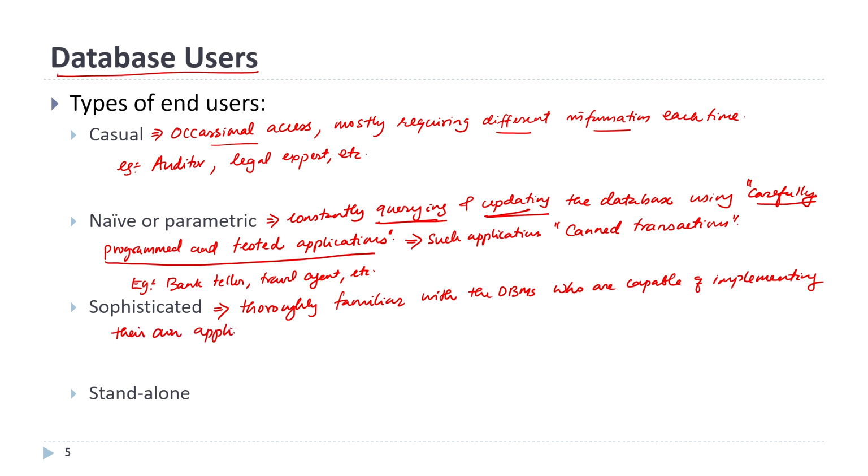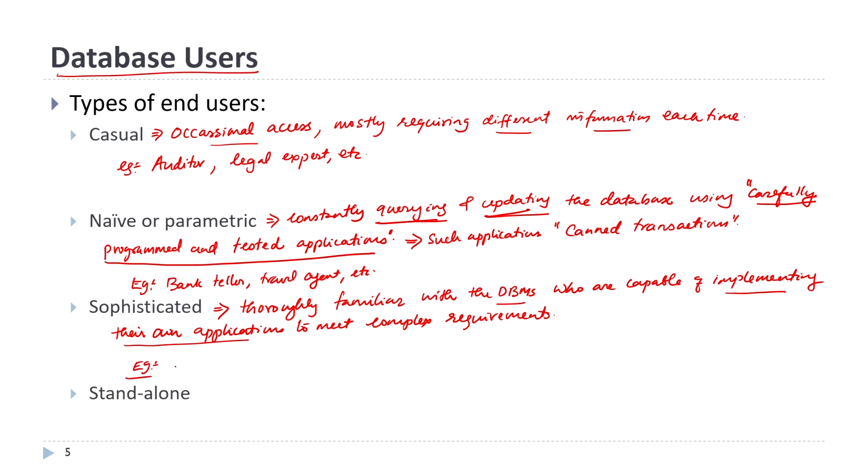They can program and implement applications to meet complex requirements. So, these are people who are very familiar with the DBMS, and they can code their own application to meet whatever sophisticated details.